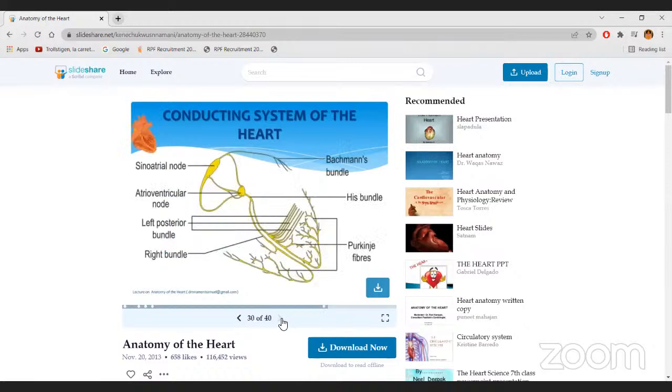This is the conducting system of the heart. This is the sinoatrial node, which is affected by the nervous system and nerve functions. Then the bundle of His, the bundle from the atrioventricular node, the left and posterior bundles, and Purkinje fibers. These are the Purkinje fibers here. Then the right bundle here.